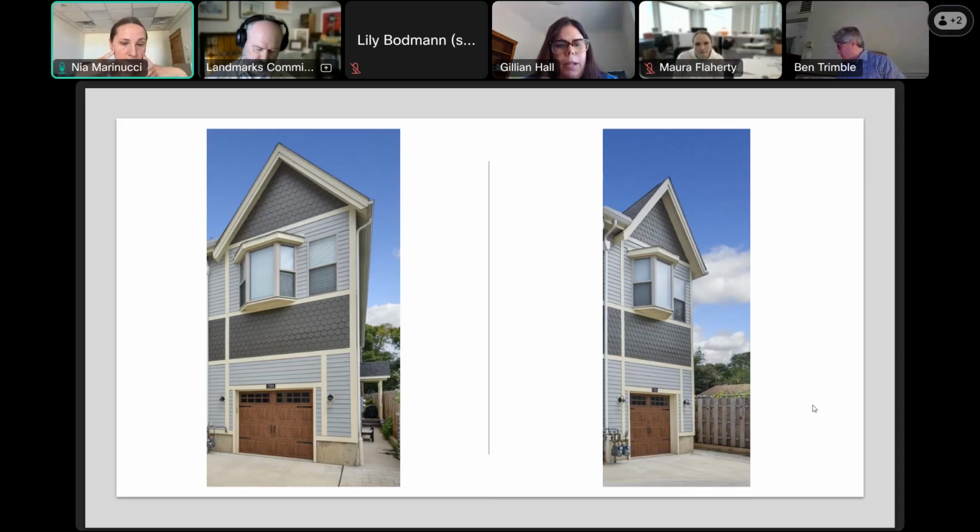I think when we met with the commission, or Landmark staff, we talked about eliminating the scallops completely. That was one idea. And I think there was also conversation about removing the bay as well. I don't love the bay either.